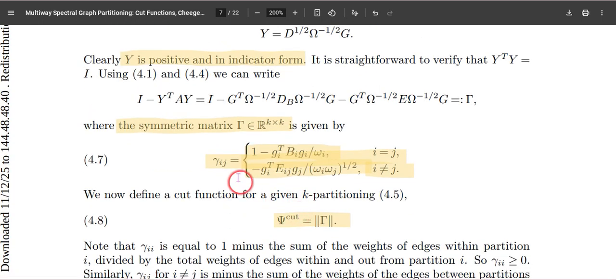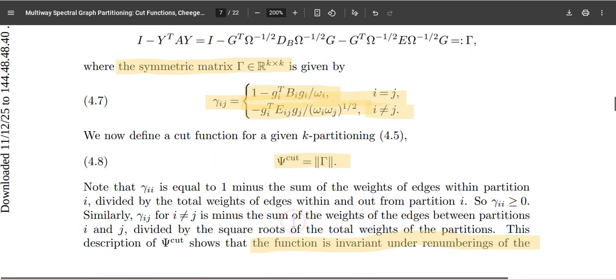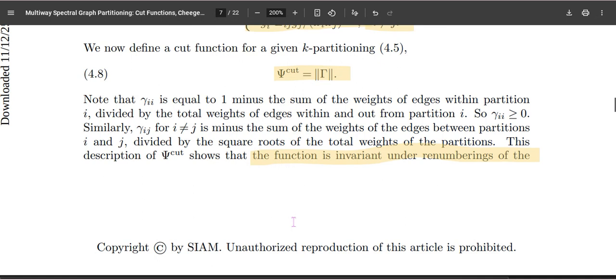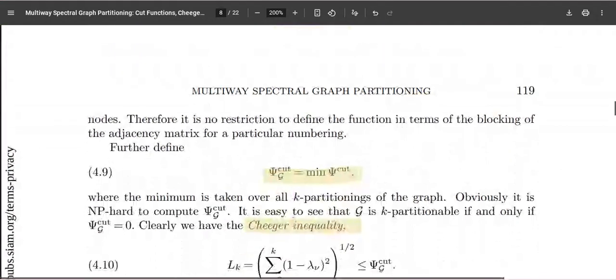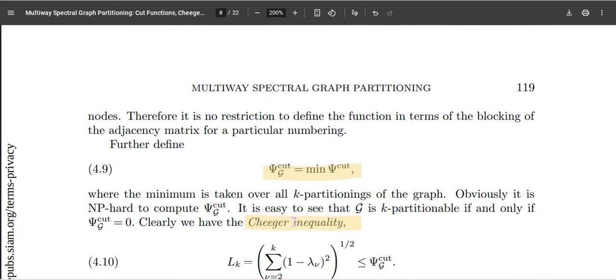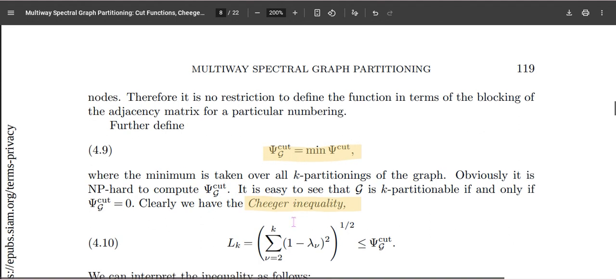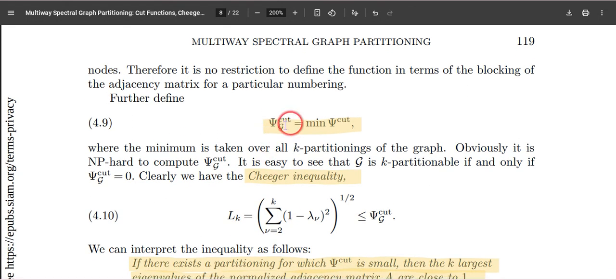Once the norm of this symmetric matrix is shown to be a cut value, this value will tell you how much the graph can be partitioned, such that the cut function will be less than or equal to this value, where we define it as 1 minus lambda 2 for k equal to 2.